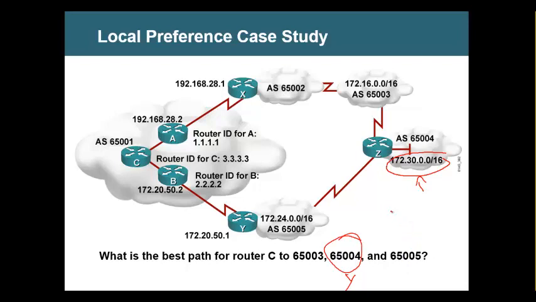To reach 172.16.0.0, what is the recommended path? Which path should the router take?